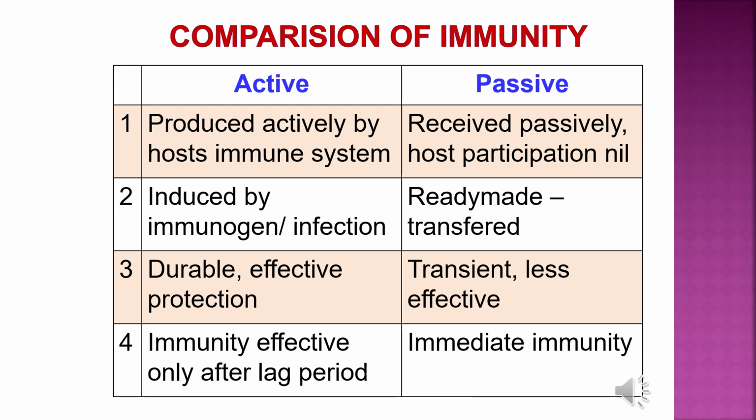In passive immunity, it is received passively, so host participation is not required. It is transferred in ready-made form, it is transient and less effective. And immunity is immediate, since the lag period is not there because it is in ready-made form.